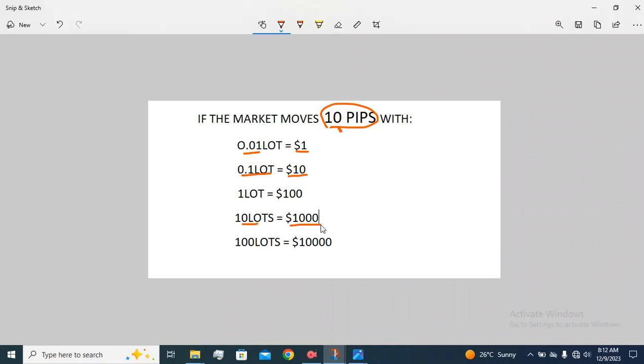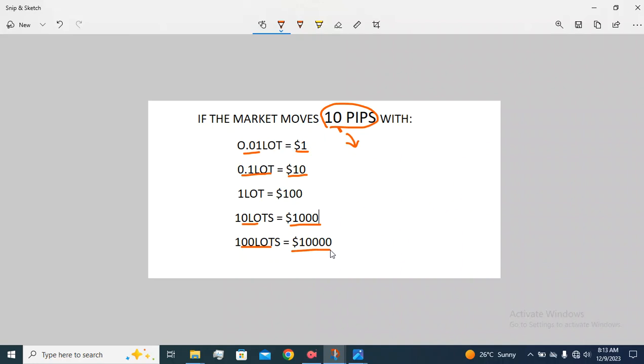$1,000 is good for the day, for a week. For some of us, that's good money. And with the same 10 pips, same pip movement, and you use lot 100, you use 100 lots, what do you get? $10,000.